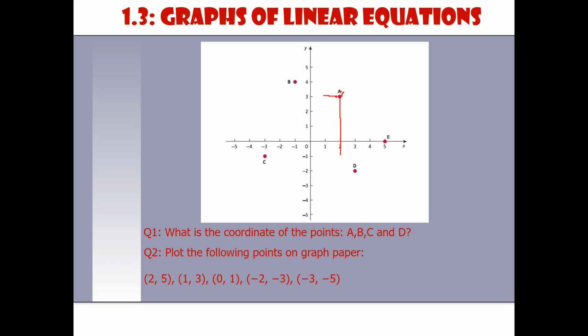So these two lines, you can see this line goes to x equals 2, and the other line goes to y equals 3. So you can see here the vertical line goes to x equals 2. So these are the coordinates of point A, 2 and 3.